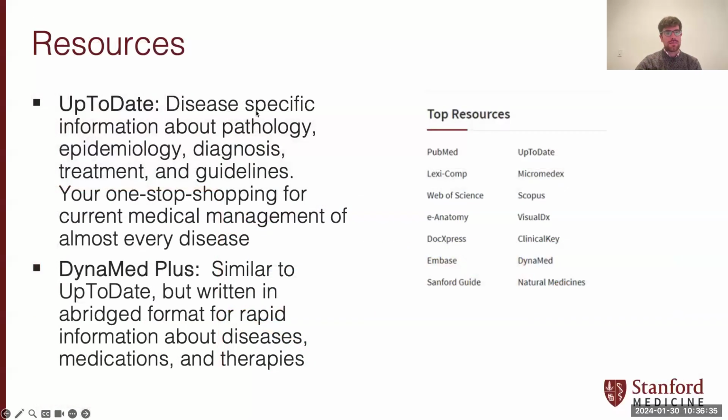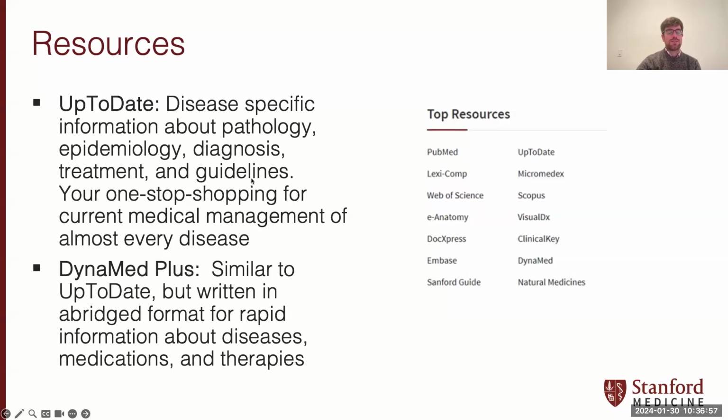So UpToDate is very disease-specific information about pathology, epidemiology, diagnosis, treatment, and guidelines. So it really is a one-stop shop for medical management of most diseases. And the nice thing about it is it also offers patient-level information about diseases as well.